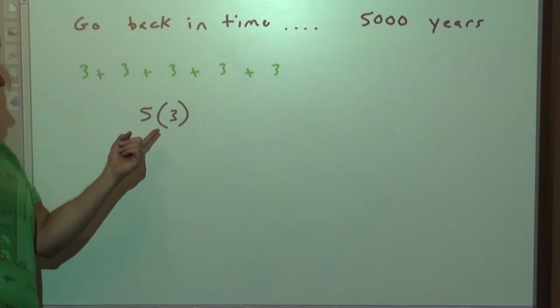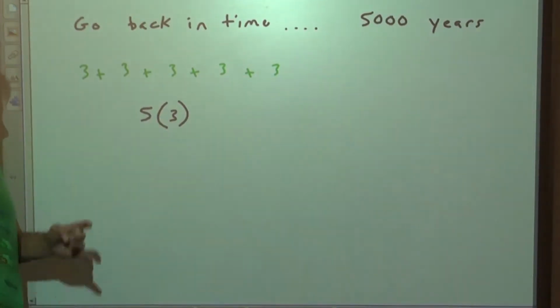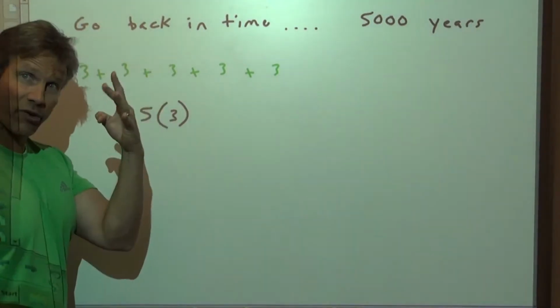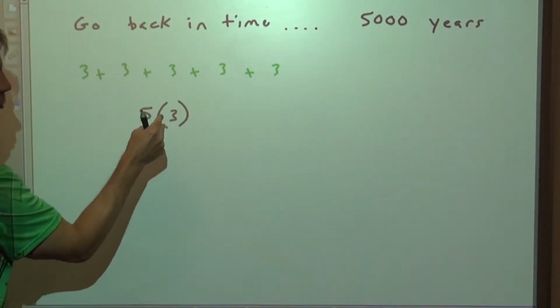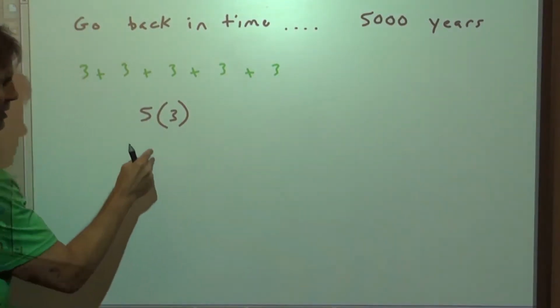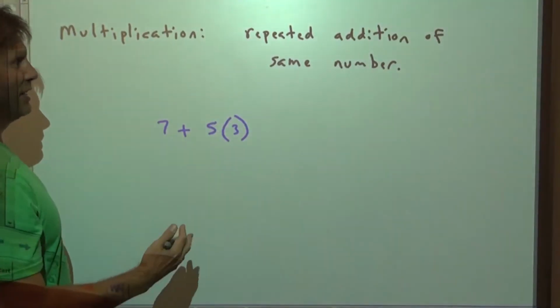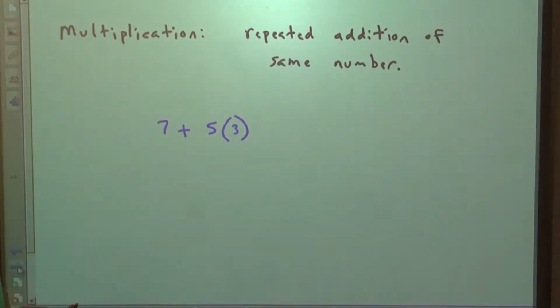It means we're going to add 5 3s together. So keep in mind, that's 4 operations going on. That's addition 4 times, all summed up in one more sophisticated operation of multiplication. So multiplication is repeated addition of the same number.